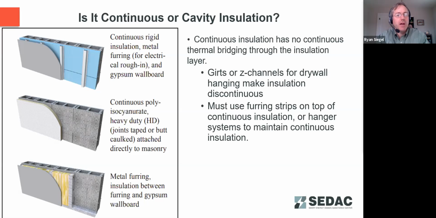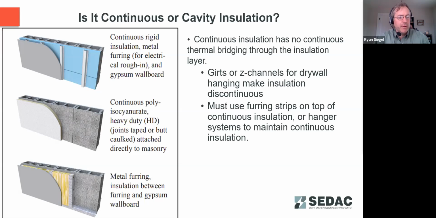On the left-hand side is some continuous insulation that has some metal furring strips attached on the face of that and through the face of that insulation. The next one down is a continuous applied directly to what appears to be CMU or something of that like.